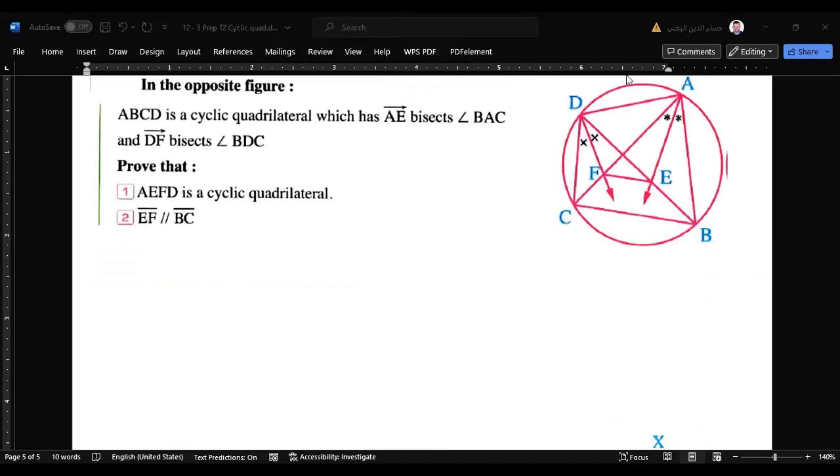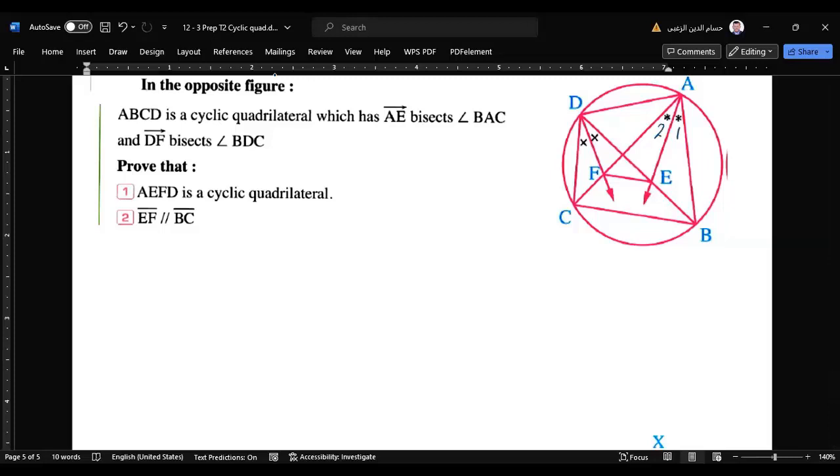And now let's try to solve one of the exam questions. Here, he says that ABCD is a cyclic quad in which ray AE bisects angle BAC, I put it here. It means 1 and 2 are equal.